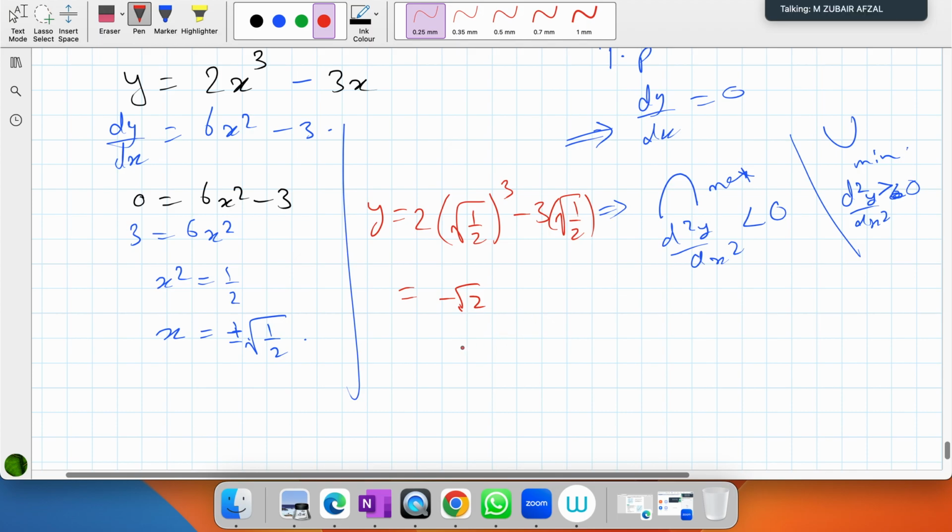So we know the first point is 1 by square root 2 as x and minus square root 2 as y. This is one of the turning points.